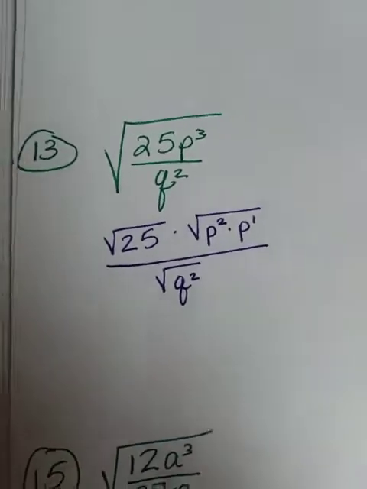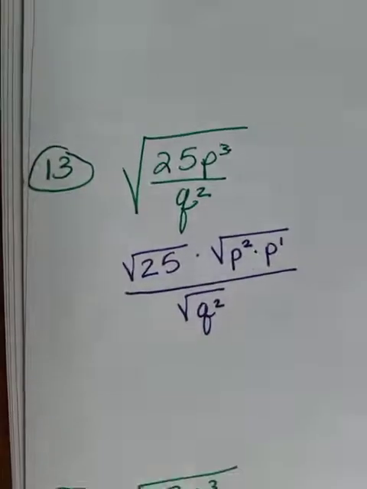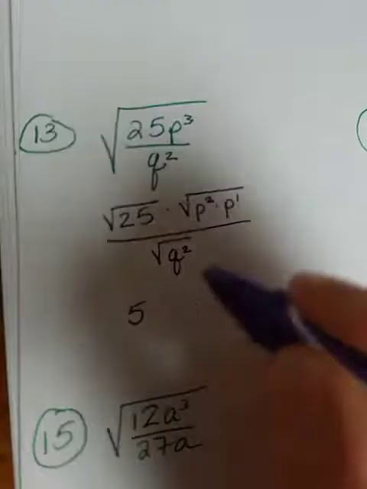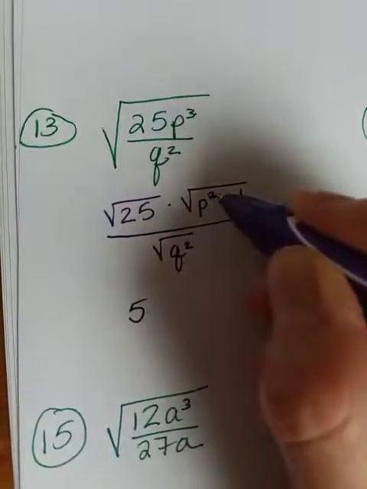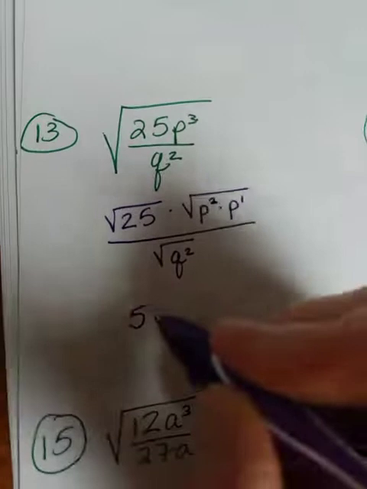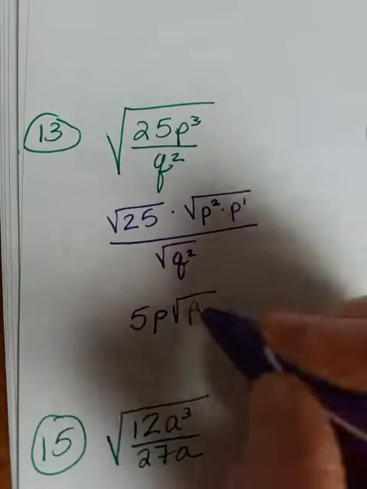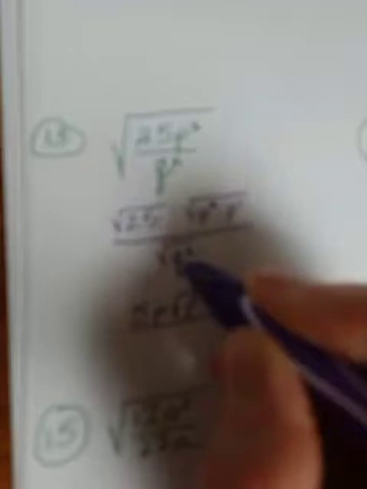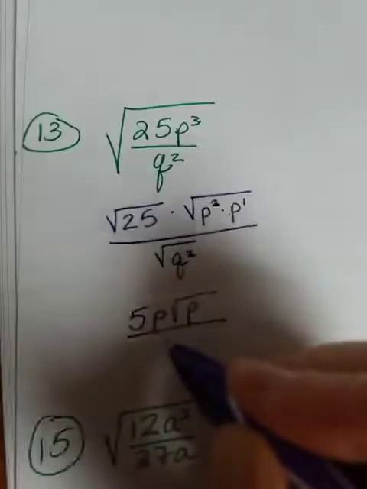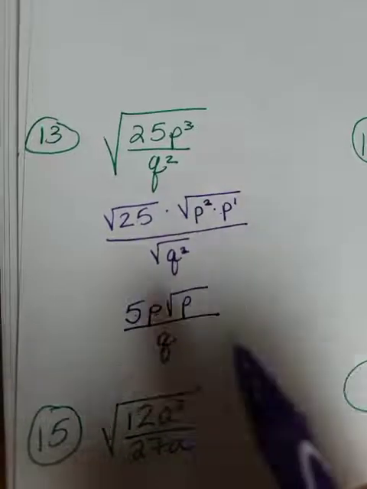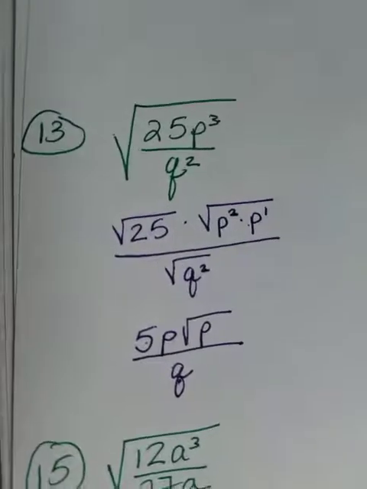I'm just showing out what's really going on for those of you who need it. Square root of 25 is 5. Square root of p squared, 2 divided by 2 is 1, so that's just a p here. And then p to the first stays under the radical. All divided by the square root of q squared. 2 divided by 2 is 1, so it's just q. The 5p and the q have nothing in common, so you cannot simplify this.